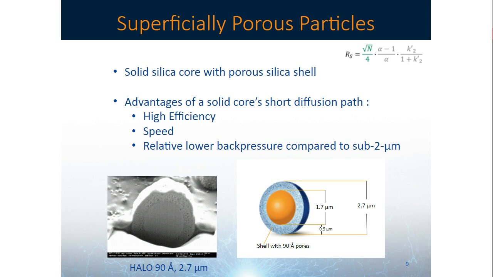And what that enables is to run faster flow rates, so that gives you speed, and that will help you more quickly develop your methods. And then finally, you have a relatively lower back pressure compared to sub 2 micron particle columns, because the particle size of the superficially porous particles is bigger compared to the sub 2 micron. So if you're running at lower back pressures, that's less wear and tear on your instrument in the long run.